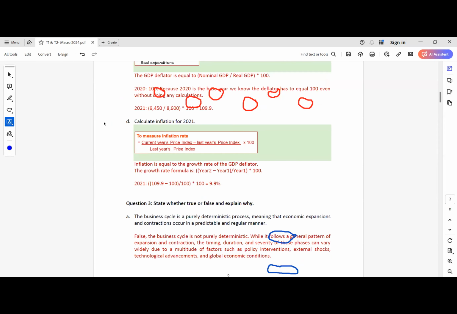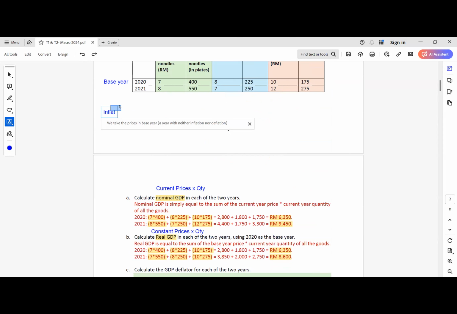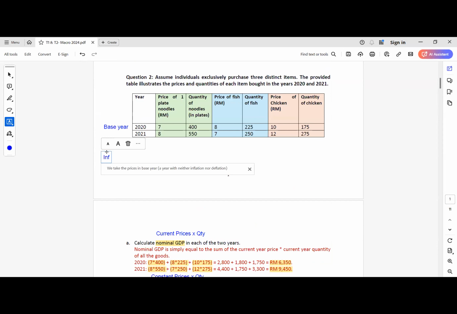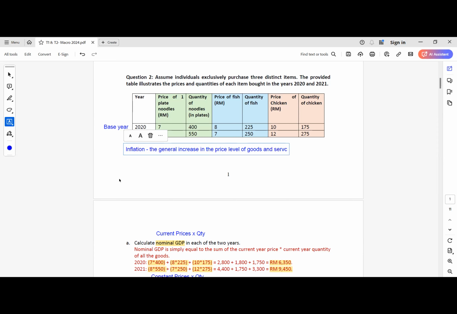means, let me erase all the annotations. So inflation means the general increase in the price level of goods and services in an economy over a period of time.